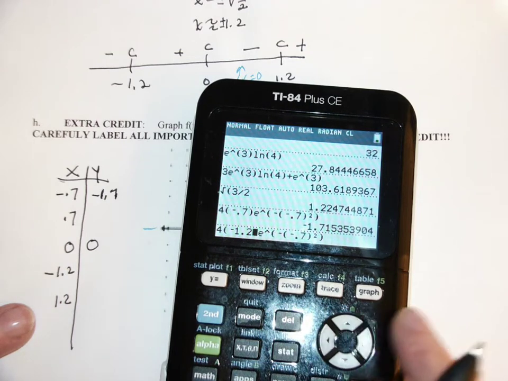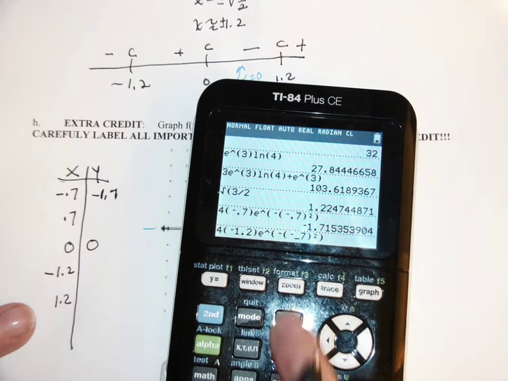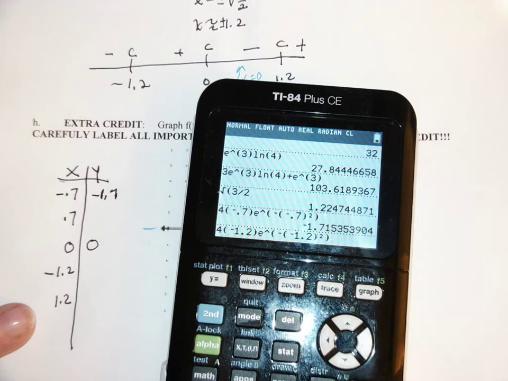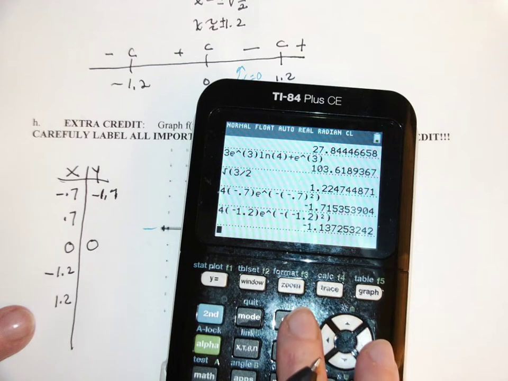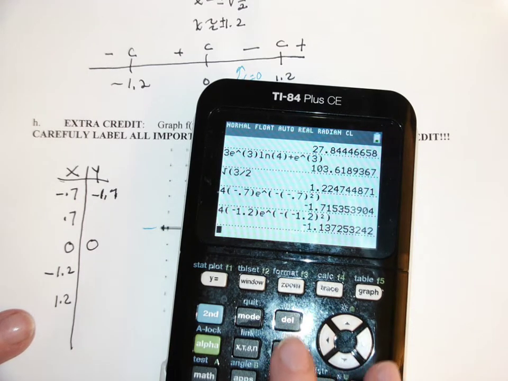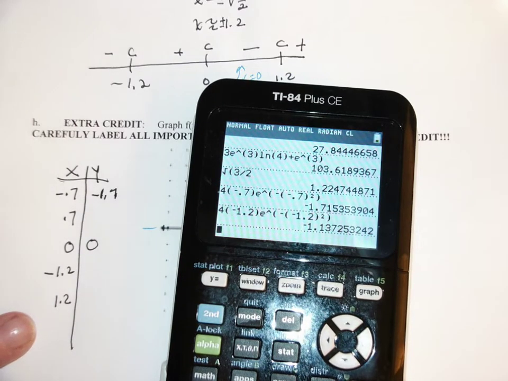So I'm putting 1.2 negative, and it's a negative 1.14.